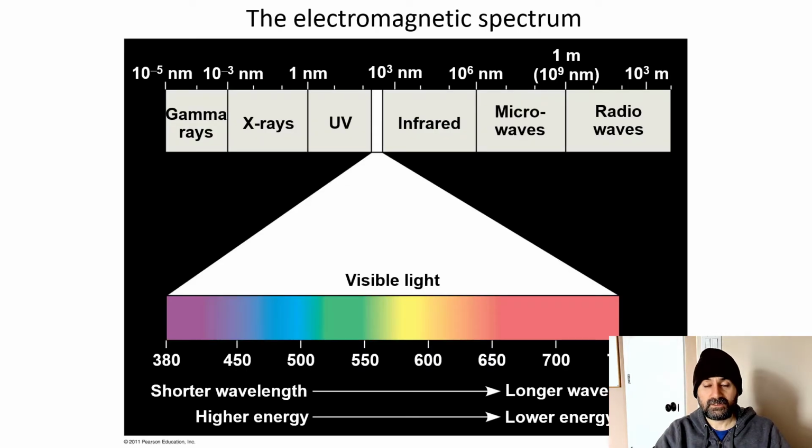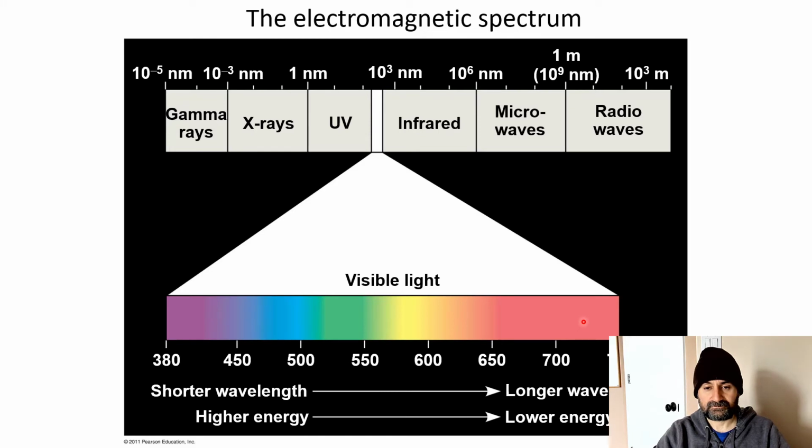We also touched a little bit on light. Remember visible light? It includes the electromagnetic spectrum from about 380 nanometers to 750 nanometers. Red light is about 700 nanometers. Blue light is around 500 nanometers. Purple light is around 380 nanometers. What do we need to know about light?